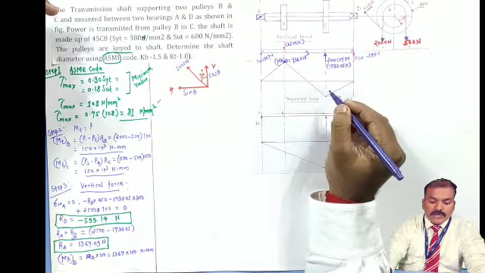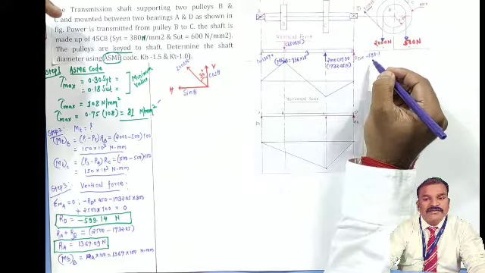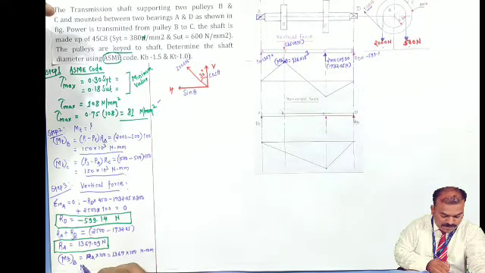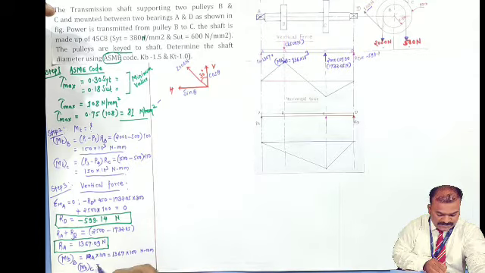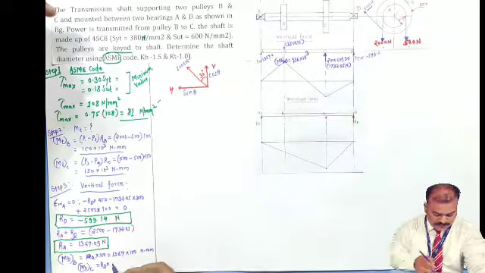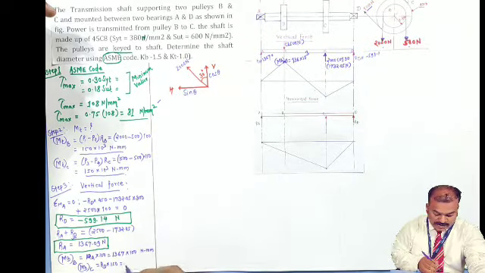And for the bending moment at pulley C, because 599 is a minus, I'll get RD into distance. How much is the distance? 150. And RD is given as minus 599.1 into 150.